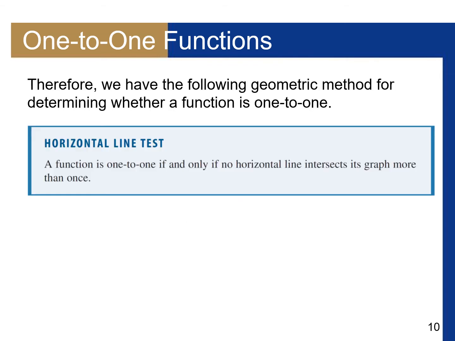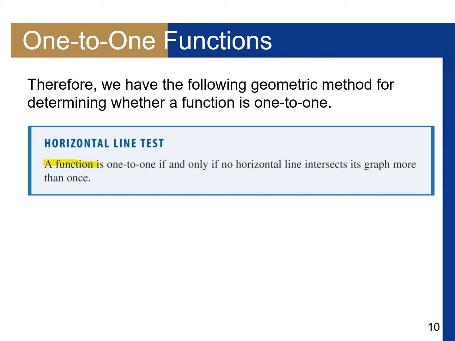So again, the horizontal line test will look to see if it's a one-to-one function. But first, it has to pass the vertical line test in order to go to the horizontal line test. So you have to make sure it is a function first by using the vertical line test. Okay, so don't get tripped up by that. It has to be a function first.